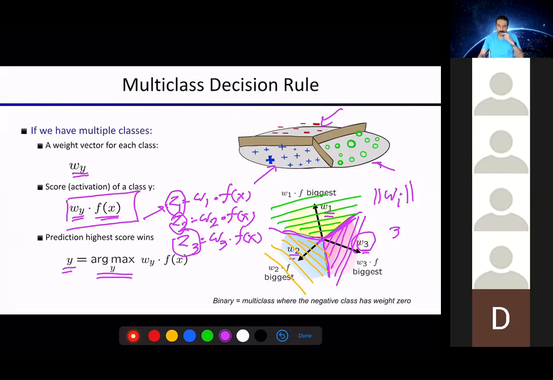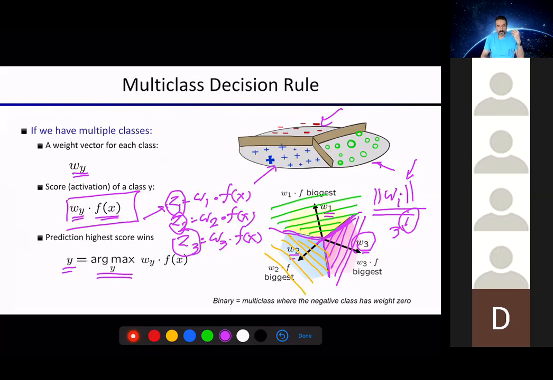The larger this norm is, the larger the space belonging to this particular class i. So it really depends on the norm of the weight.